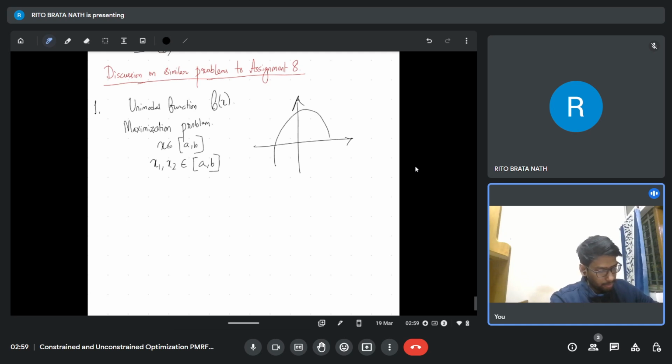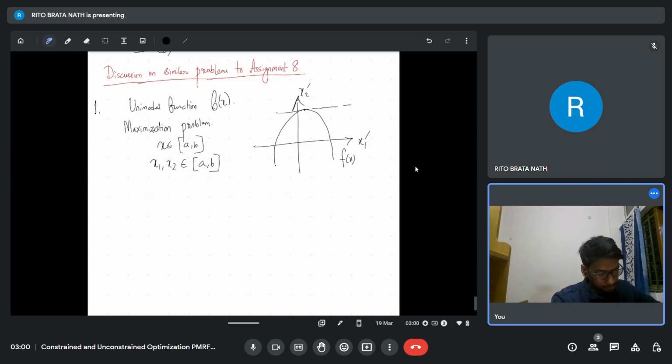It's a unimodal function. So suppose the maximum occurs somewhere here. So this is your f(x), this is your x1, this could be your x2. This is how your curve looks like. Let me name it something else, x1 prime, x2 prime.